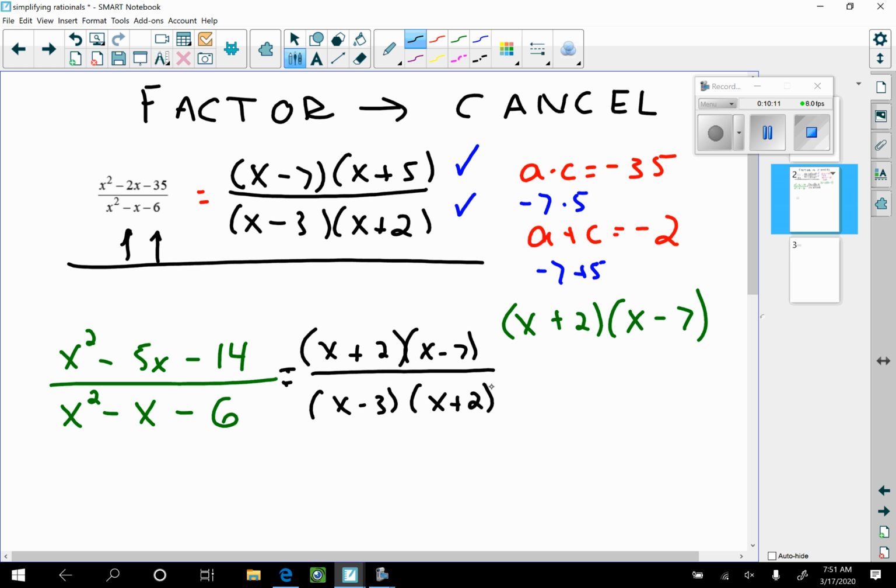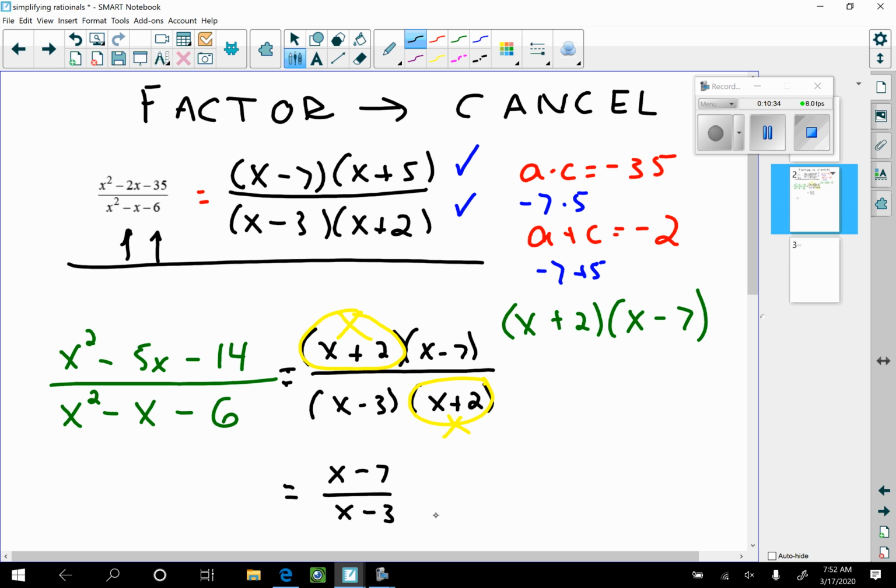I have this x plus 2 and this x plus 2. Those are like factors, so we're going to cancel those, and we have the reduced version, x minus 7 over x minus 3.